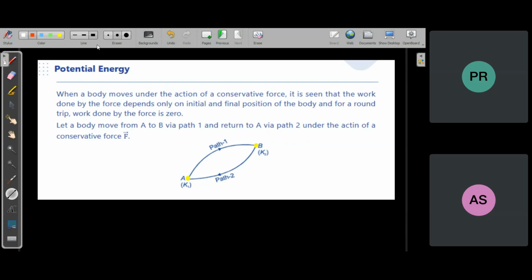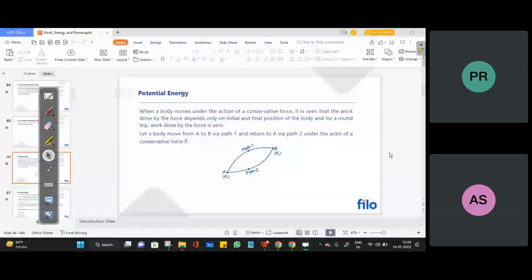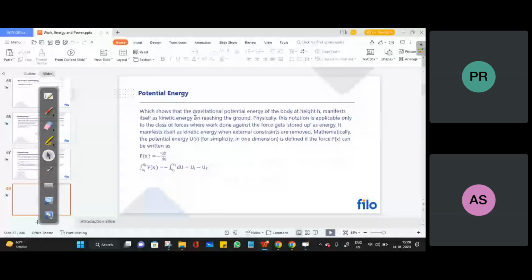Potential energy is always associated with a conservative force, and work done by a conservative force only depends on the initial and the final position of the body. No matter by what path the body goes from the initial to the final point, any path, the work done will always be the same in all the paths.